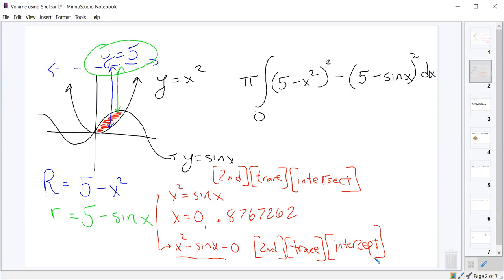We know that there's another x-intercept at 0, so make sure you're to the right of 0, but to the left of 0.8, whatever we're trying to find. Anywhere to the left of it is fine. Hit enter. It will say right bound. You will scroll to the right of the x-intercept and hit enter again. It will say guess. You will hit enter again, and it will tell you that exact same value that we just found.